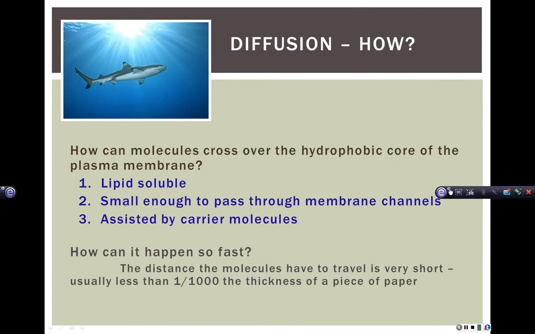Well, those capillaries have to be within 2 cells distance of each and every cell to keep it alive. So if you picture that with how many cells we have in the body, that is a very, very, very vast network of capillaries. Pretty incredible.